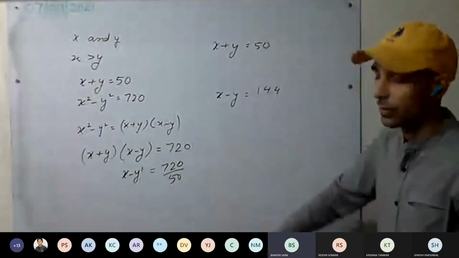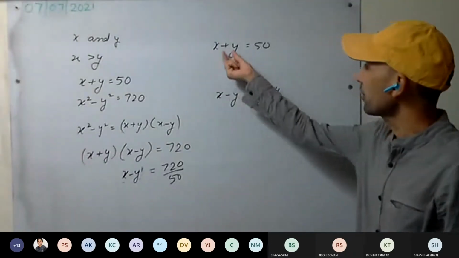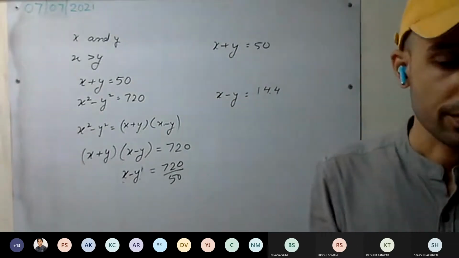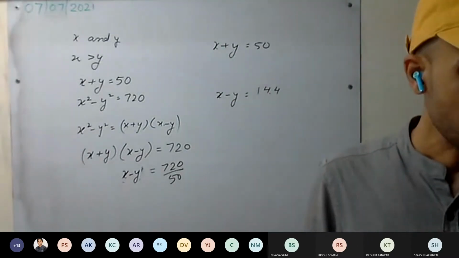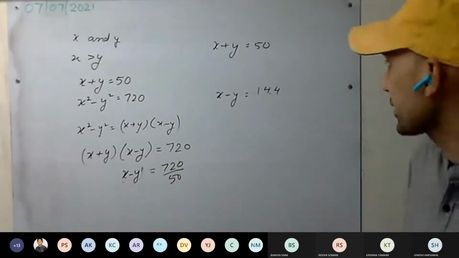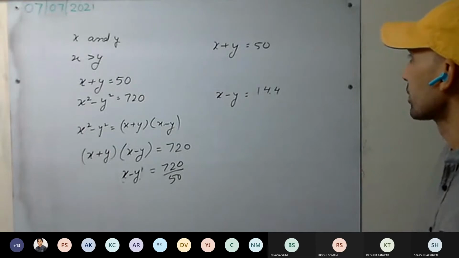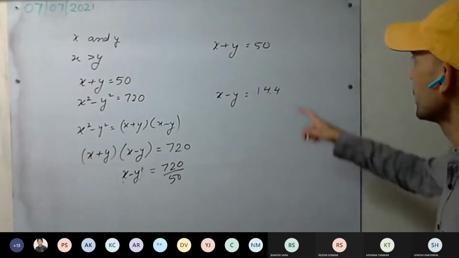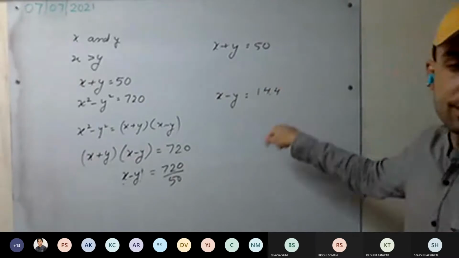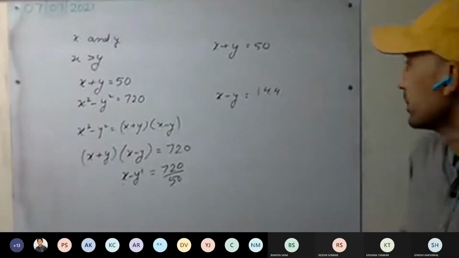You can also find x in terms of y, put it in the other equation, and solve. Everyone solve the values. So 2x equals 64.4.